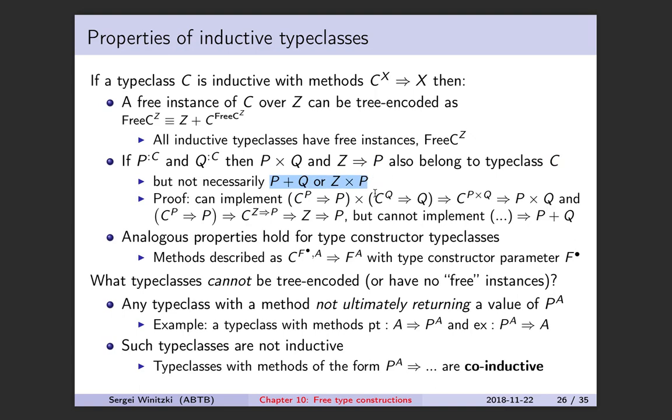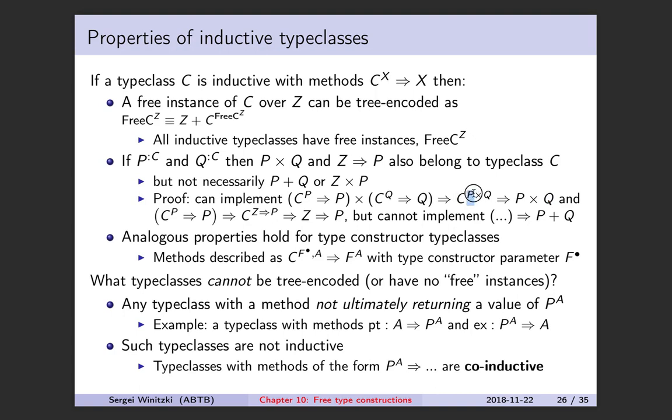Not necessarily these. The sum or the disjunction and the product with a constant type are not necessarily parts of the type class. But those are, and this is relatively easy to prove. For instance, if you have this and this, it means you have a P as an instance of C and you have a Q as an instance of C, then you can derive this very easily.